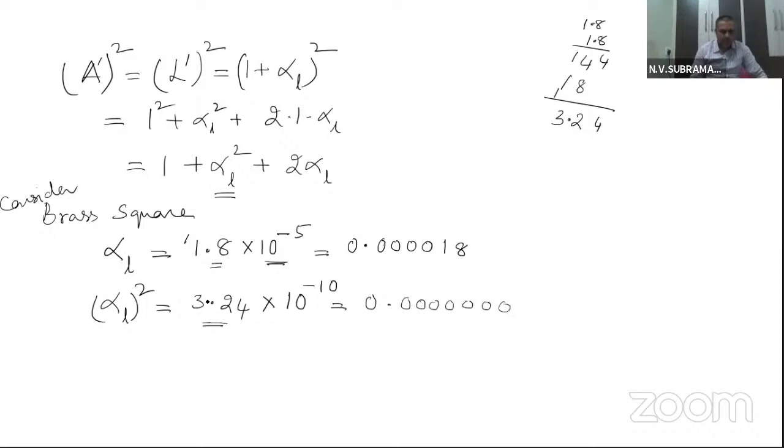0.0000000. Am I right? 7 zeros. And is it much more?